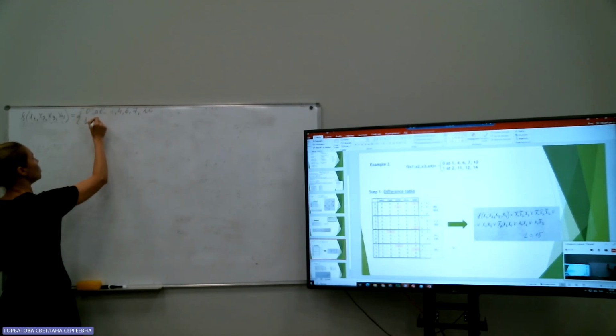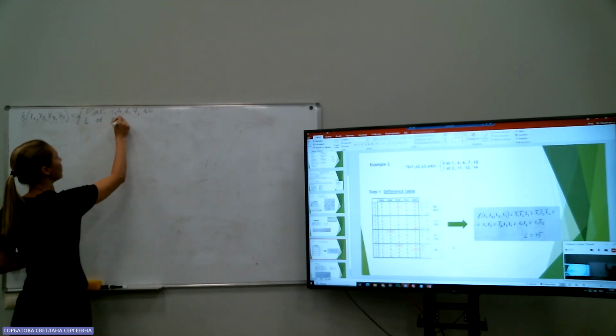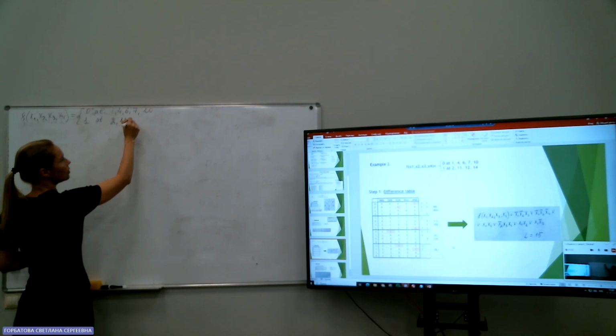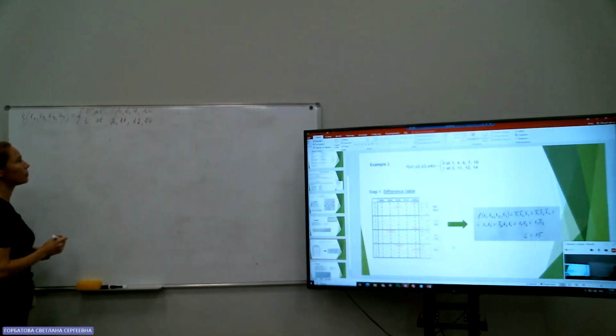Function equals 1 at points 2, 11, 12, 14.